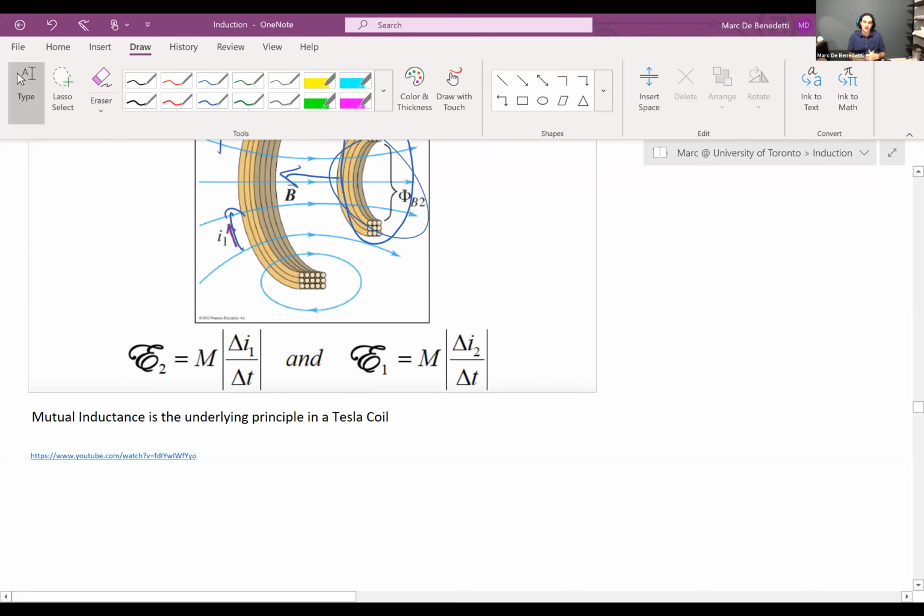So often when we analyze a Tesla coil, we do use the transformer equation, even though it's not perfect because of that sort of nesting. But technically, because they don't have the iron core connecting the two of them, we really should be using the mutual inductance. But when we calculate it, it comes out pretty close to the transformer equation.